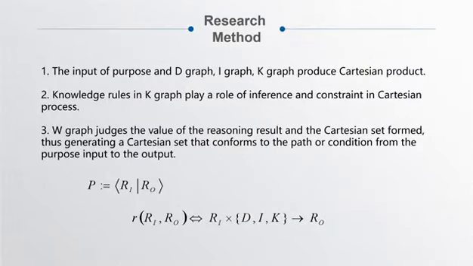Then I introduce our methods. We process the input of purpose and D graph, I graph, K graph, and produce the Cartesian product. Knowledge rules in the K graph play a role of inference and constraint in the Cartesian process.